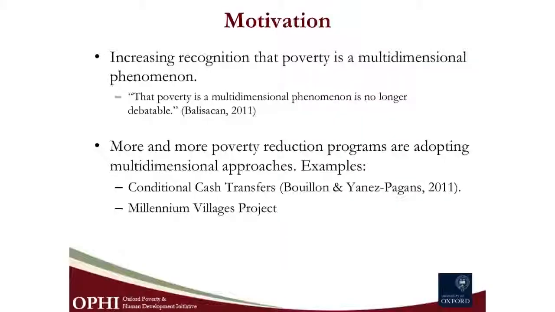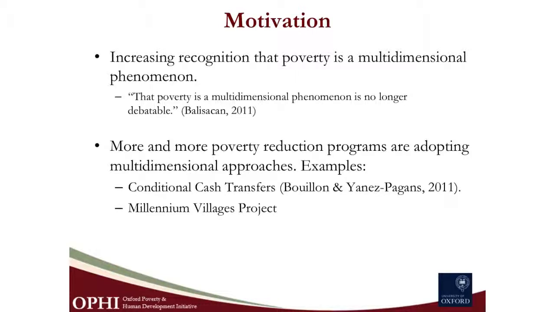The motivation. So the first thing I think we all agree, that poverty is multidimensional. It's no longer debatable. So we agree. Following that, lots of policy interventions have started implementing multisectoral approaches.